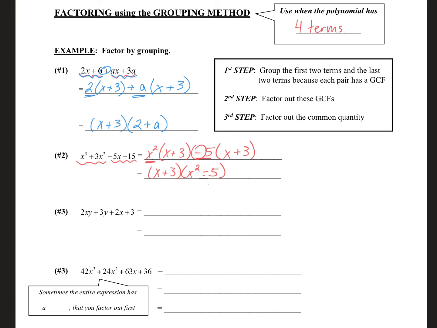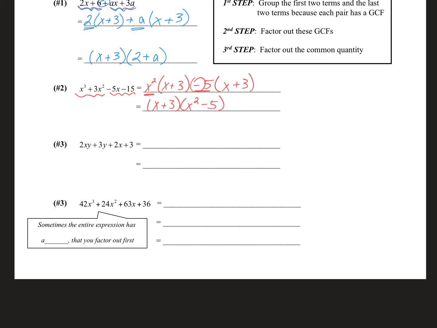All right, so let's move on to example number 3. The first step for this problem is the same as it was for the last few. We're going to look at this and break it apart into two different things. For the first part, 2xy plus 3y, the greatest common factor is just y.